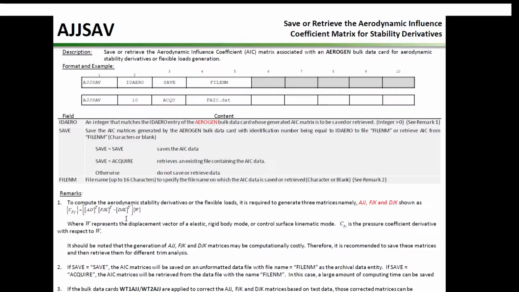And to generate those matrices could be computationally costly. Therefore, you can use AJJ save to save those matrices. And later on, if you want to reuse those matrices, you can put a query here.